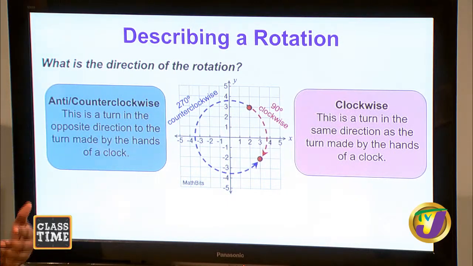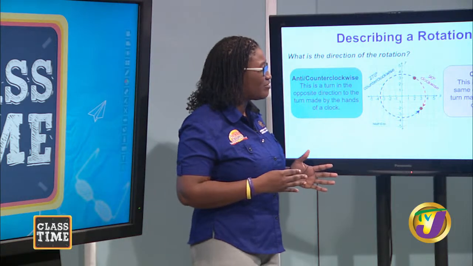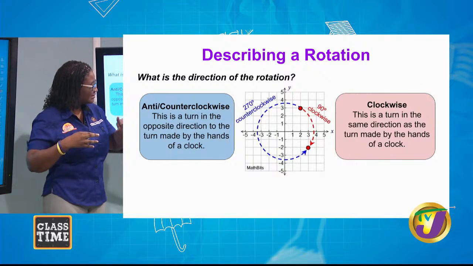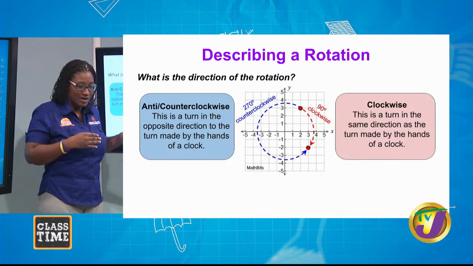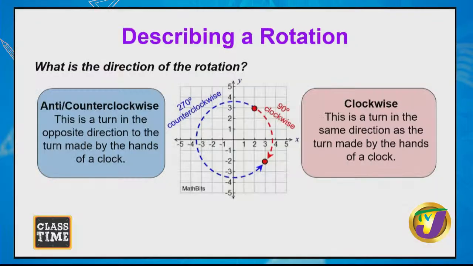It did. So there must be something interesting here, because I'm seeing that a 90-degree clockwise rotation and a 270-degree counter or anti-clockwise rotation ended up with the same result. It did. Interesting. So what can you tell me then?